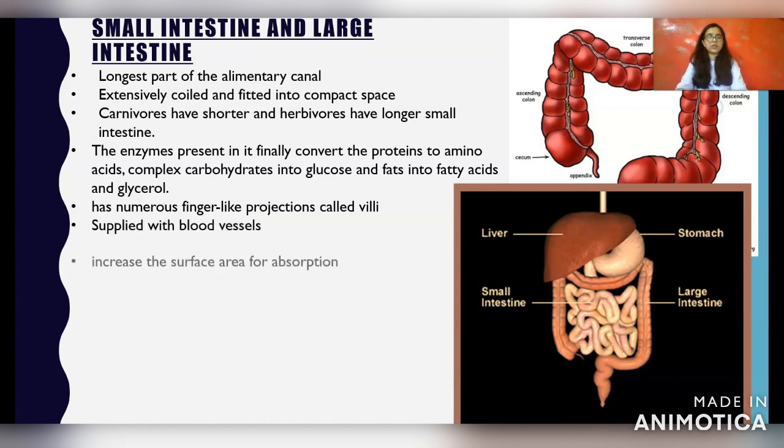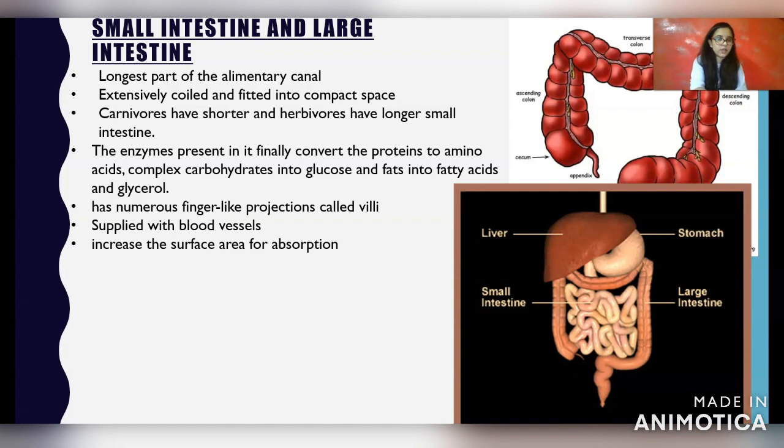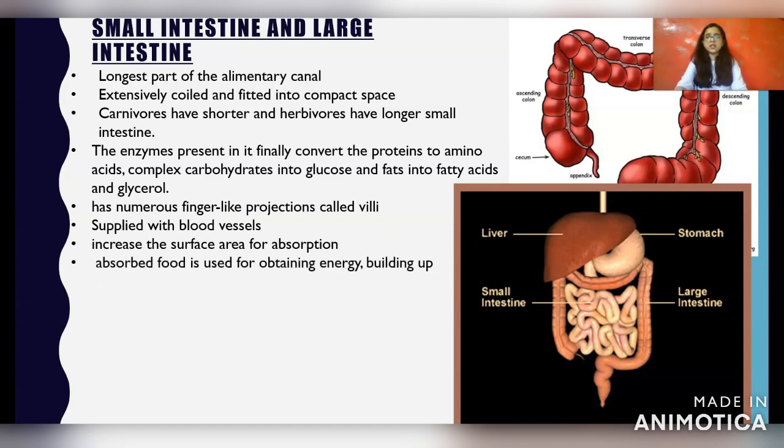They are supplied with blood vessels, because it has a lot of blood vessel supply. Why? Because it will absorb all the food and pass it through the blood, and we all know that blood is the unit for transportation, which we will learn in a further chapter. They increase the surface area for absorption.